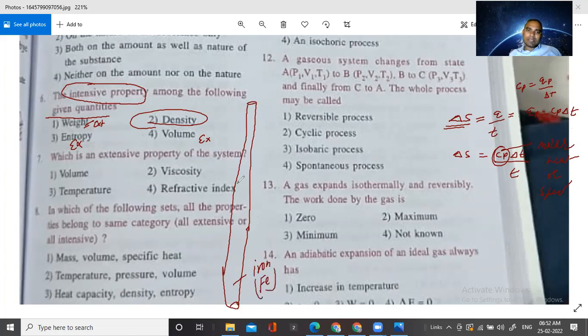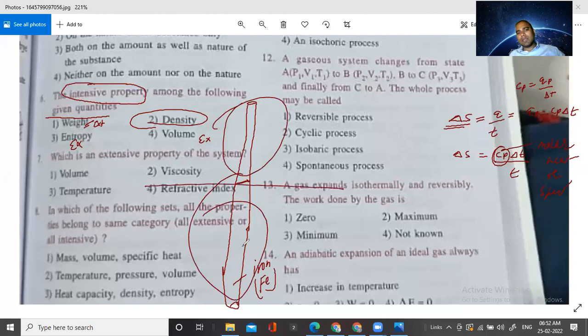What about the density at the upper side or the lower side? If you cut it, the density will remain the same here and here. Even if you cut it, the density is the same. So density is not depending on mass. So density is what type of property? Intensive. Can you understand this one? So this is the answer.